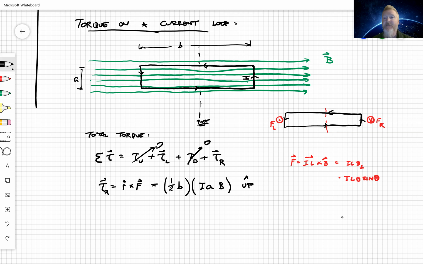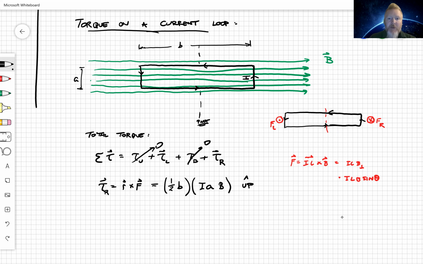The torque on the left side, of course, is going to be the exact same thing. Now I'm going R over this way, and the force is coming out of the page, but that still gives me a torque upwards because I reversed the force direction and I reversed the R. So instead of going out this way and in, now I'm going out the other way. And so it causes a counterclockwise spin as viewed from above.